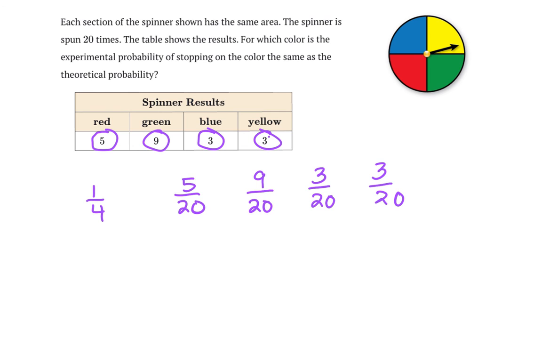Notice that those numerators have to add up to 20 because we did it 20 times. If I'm a factory that makes spinners, I'm realizing this spinner's not such a great spinner. It's weighted more heavily to land on the green. But the one that comes out to be exactly right would be the red. The red has the experimental probability that equals the theoretical probability.